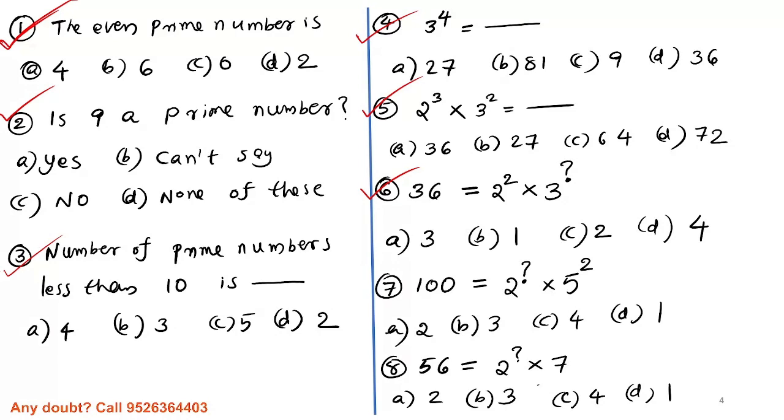Question numbers up to 10 are there, with options A, B, C, D. Don't write the number, write the option.